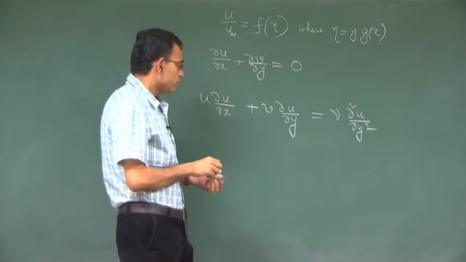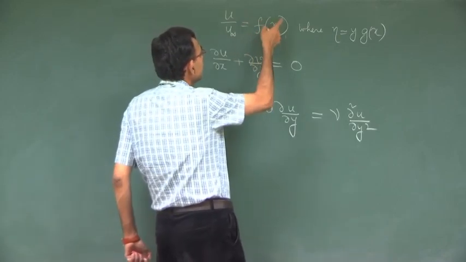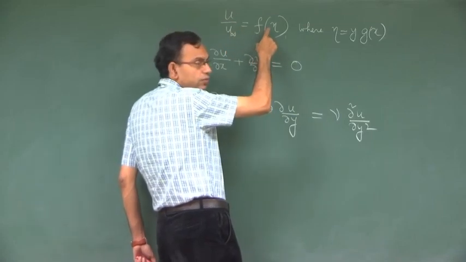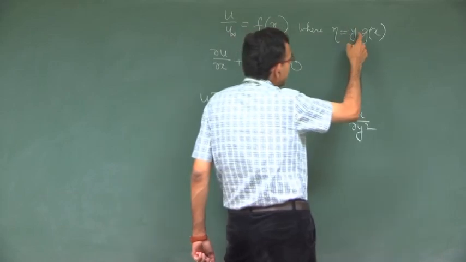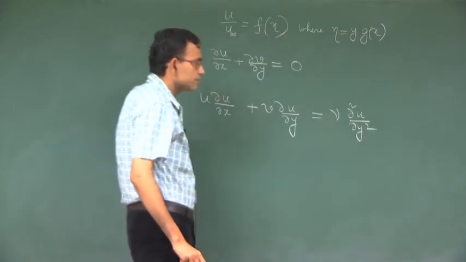So, now we will write various terms based on this assumption that u by u infinity is a single valued function of eta, where eta is essentially a variable that scales with y by delta.